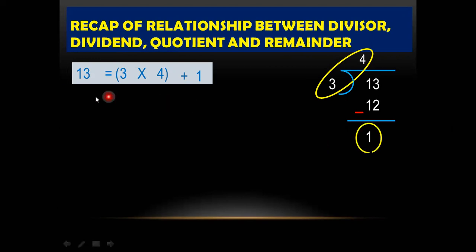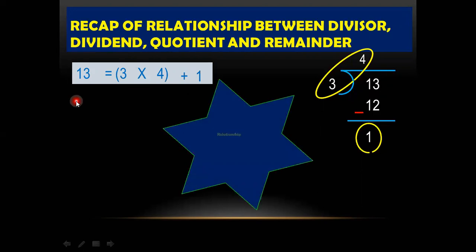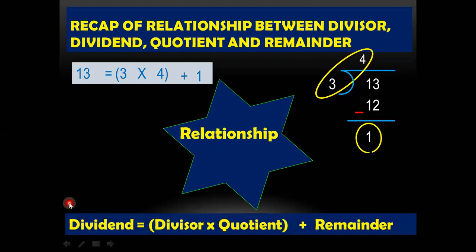So it means that we multiply the divisor and the quotient, and we add the remainder to this product. So we get a very important relationship from here, and this relation is: dividend is equal to divisor multiplied by quotient plus remainder.